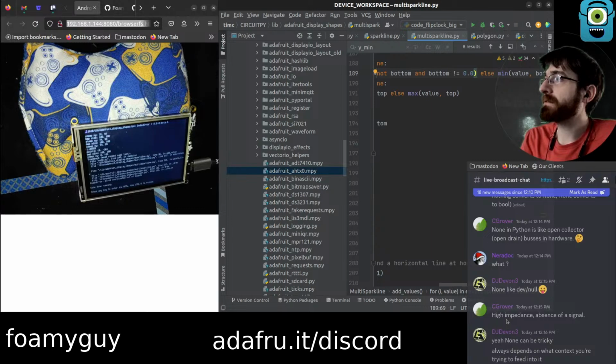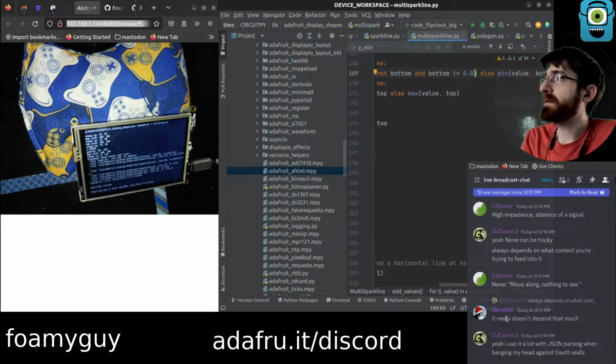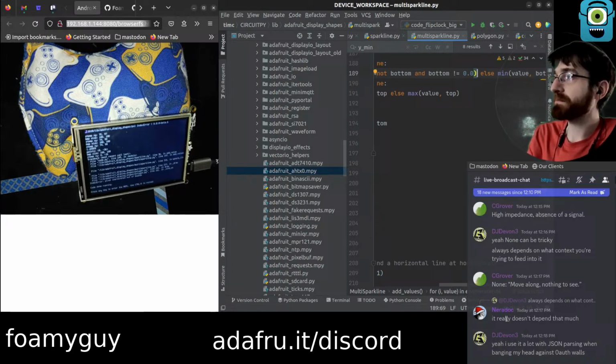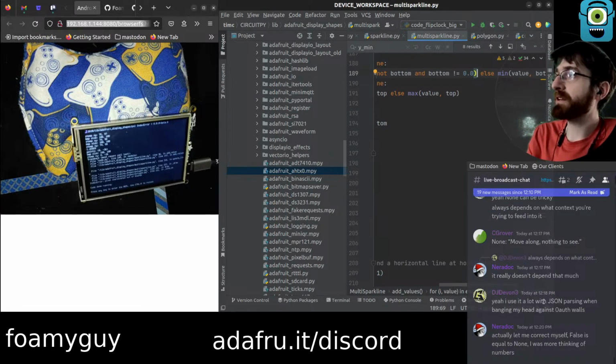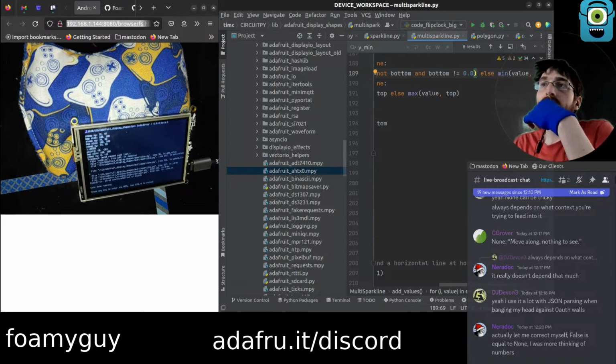Open collector. Impedance, absence of signal. None could be tricky. A lot of JSON parsing. Banging my head against OAuth walls. False is equal to none. I was thinking more of numbers. Okay.